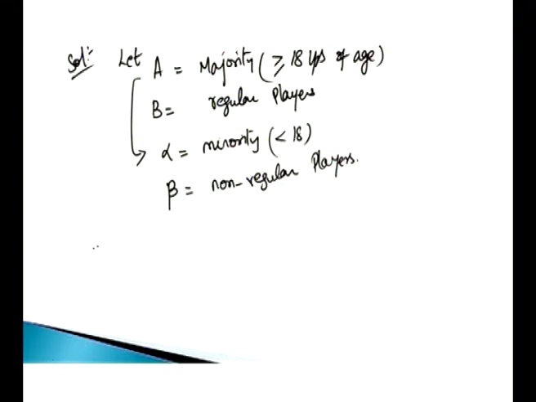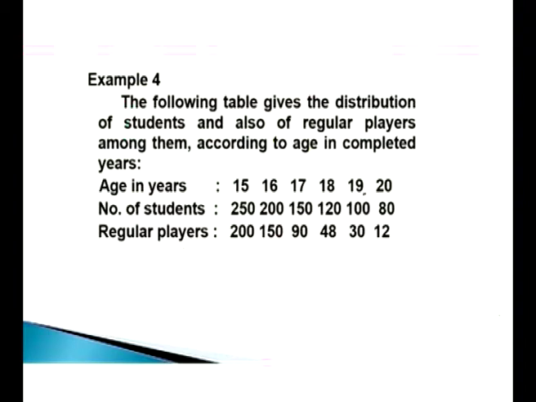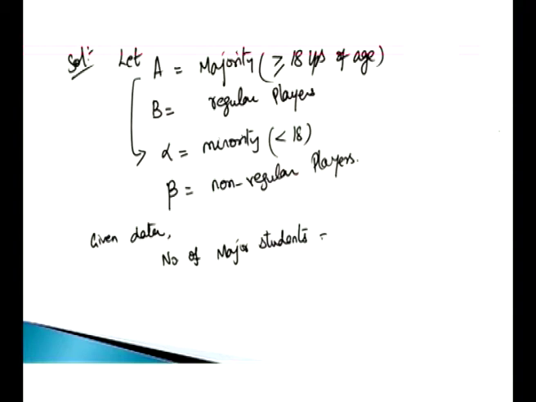From the given data we have the number of major students. The number of major students is 18 and above aged people, that is 120 plus 100 plus 80. So, this is given as A is equal to 120 plus 100 plus 80, which is equal to 300.